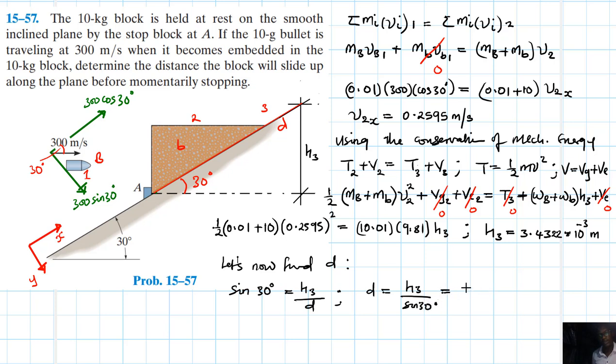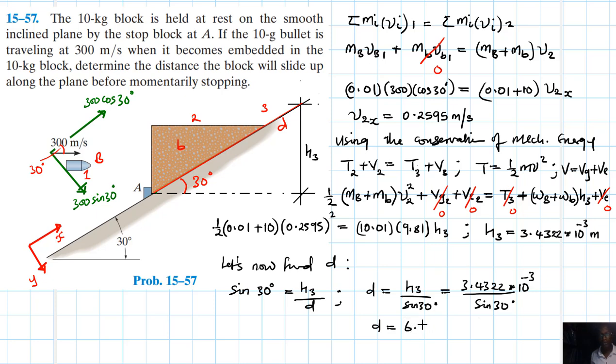Okay, and this is just equal to 3.4322 times 10 to the power -3 divided by sin 30.